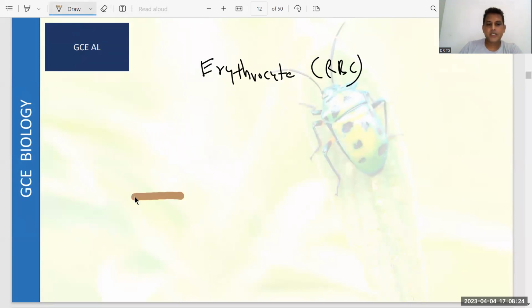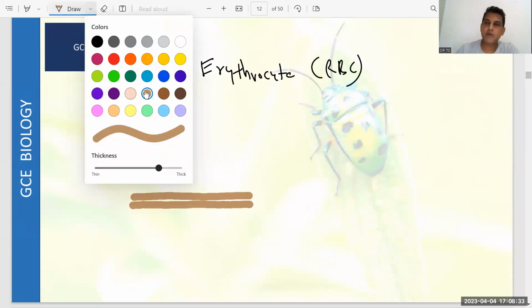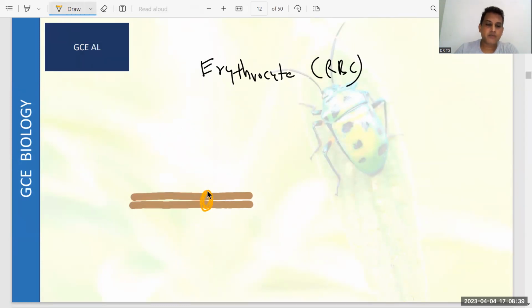So this is the phospholipid bilayer, and we have learned in the cell membrane that there are many proteins embedded like this. And these proteins are also combined with carbohydrate to make glycoproteins like this.